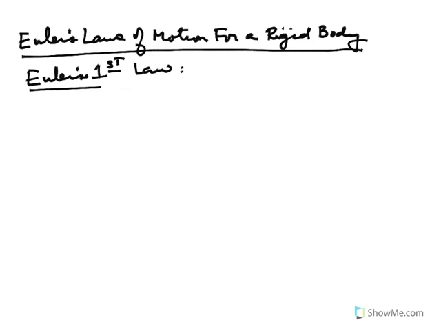It says that the force applied to a rigid body is equal to the mass of the rigid body times the acceleration of the center of mass of the rigid body in an inertial reference frame. So N is an inertial reference frame, and the acceleration of the center of mass is taken in the inertial reference frame.